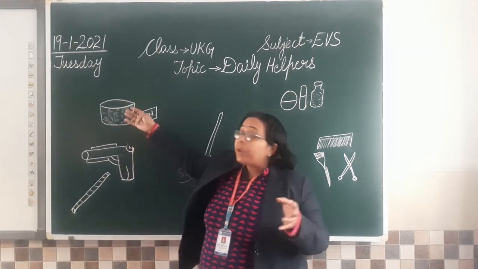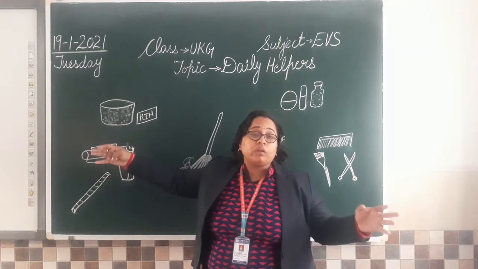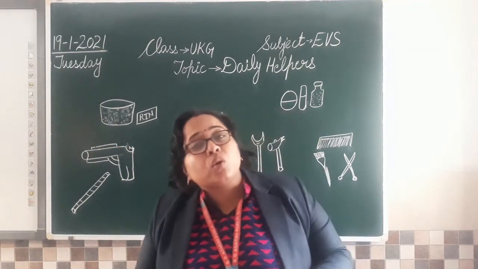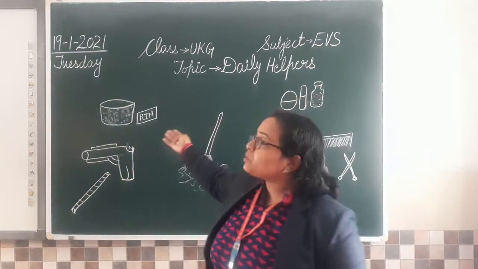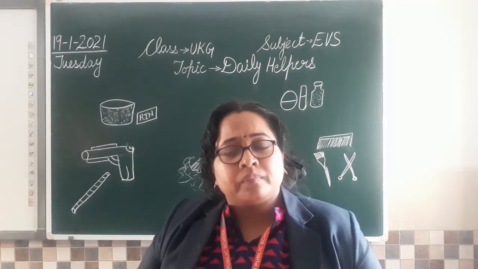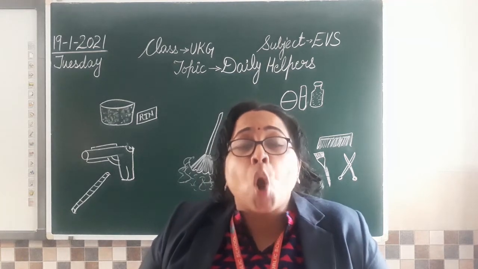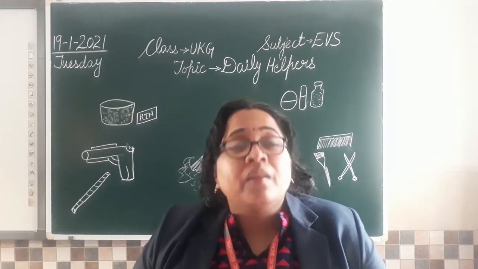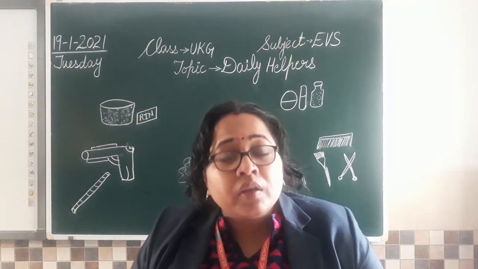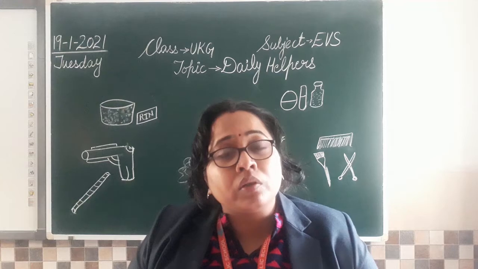So they have big vessels full of water, lots of soaps, liquid soap or bar soaps, different types of soaps. So what do you call those people? It can be a shop called dry cleaners, it can be a washerman, or a washerwoman, जिनको हम धोबी या धोबिन भी बोलते हैं.